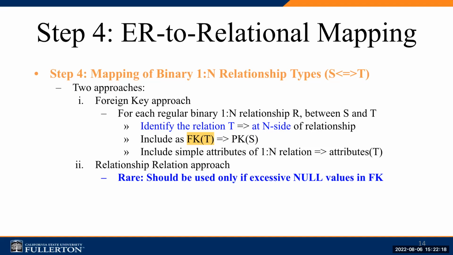And you would also include any simple attributes of the 1:n relationship. The second approach that you can use for step number 4 is the relationship relation approach that we've discussed before. However, it should only be used if there are excessive null values in the foreign key.